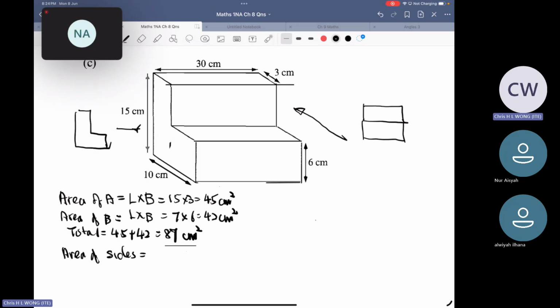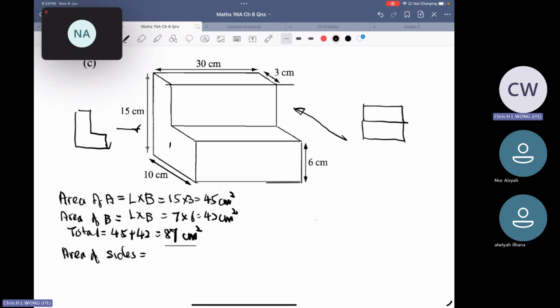I tell you why. When you talk about area of the sides, area of the front, area of the back, you must always think about the person marking your paper. Your sides might not be his sides. Your front might not be his front. So he will not be able to understand what you are talking about. Area of the front, what front?